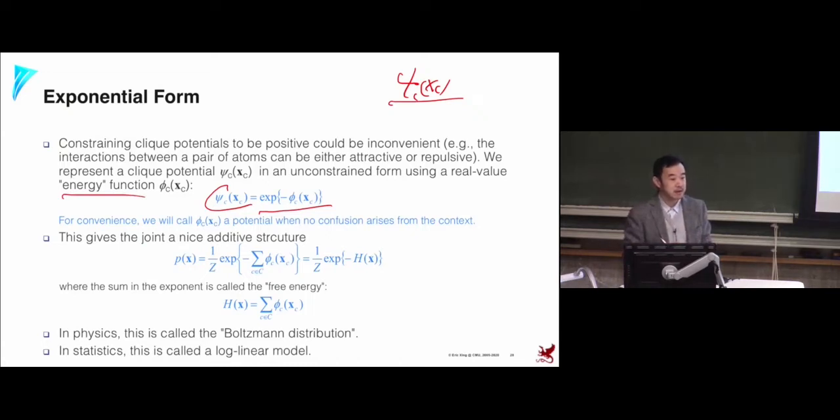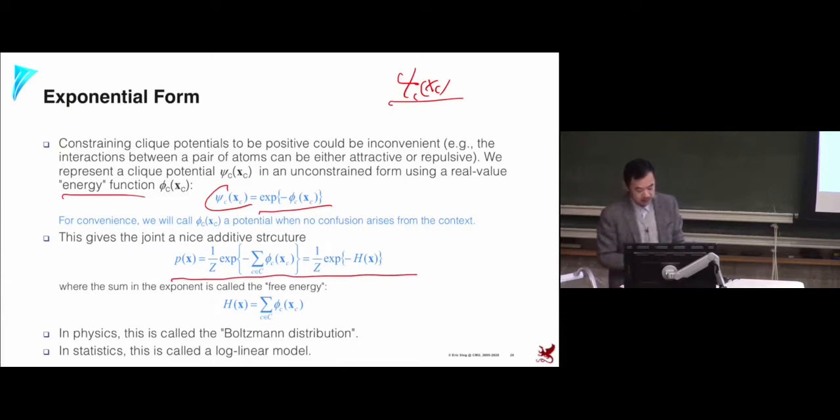The energy can be positive and negative, it doesn't matter. Once it's exponentiated, it gives you a positive number. Okay, so that changed the form of the Gibbs distribution to be like this. Okay, it is the sum of the exponential of the sum of the little energies, clique energies.